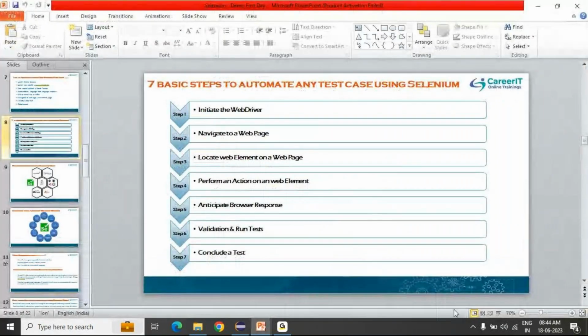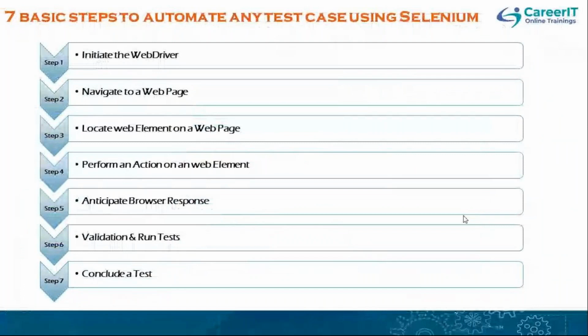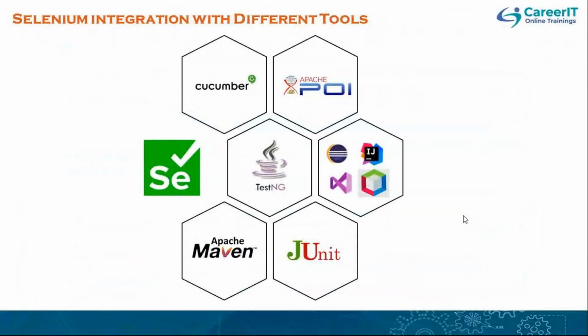Now let's quickly discuss other things, guys. So this is how Selenium works. As I mentioned, Selenium can be easily integrated with any frameworks or tools available in the market. Selenium can easily integrate with TestNG, which is an open source testing framework for managing all your test cases. It integrates with the Maven build tool, with Cucumber for the BDD approach, and with Apache POI for automating your Excel files.